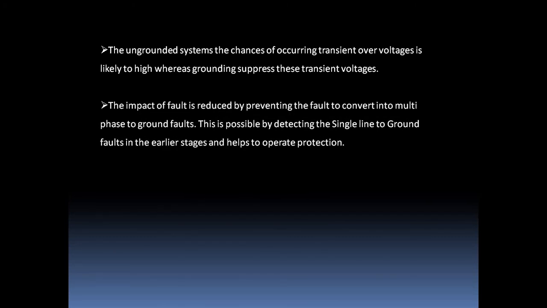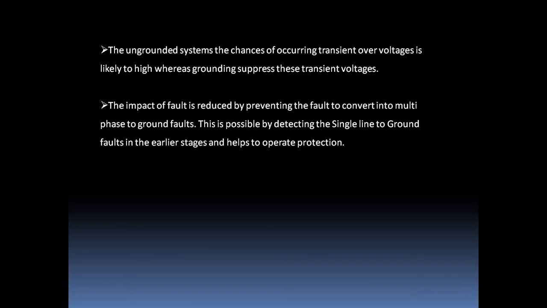The impact of faults is reduced by preventing the fault from converting into multi-phase ground faults. If it is a single ground fault, the fault current is high. If you are unable to detect that single phase to ground fault, there will be a chance of multi-phase to ground faults, which will make a dead short circuit of the generator and cause huge damage to the generator.